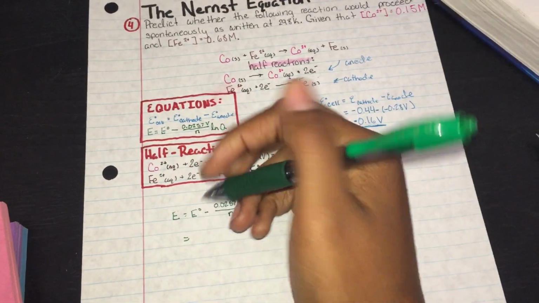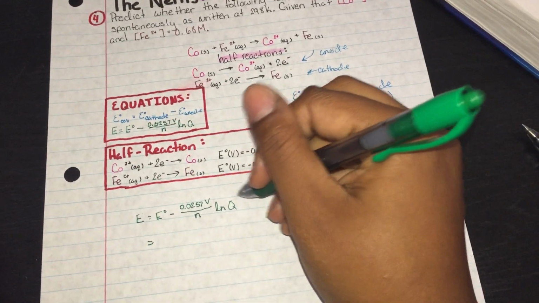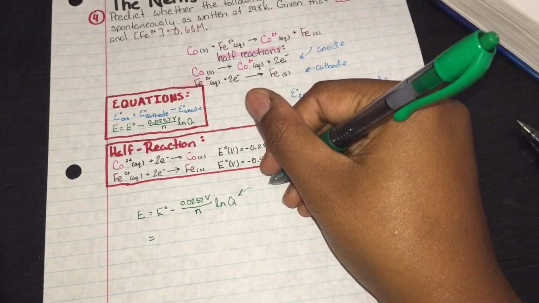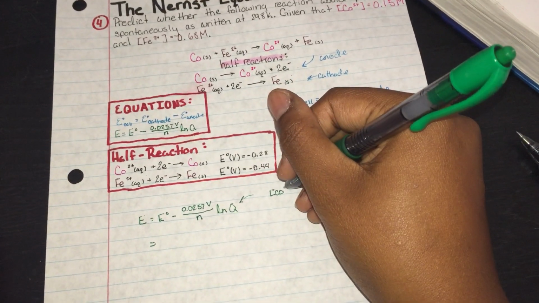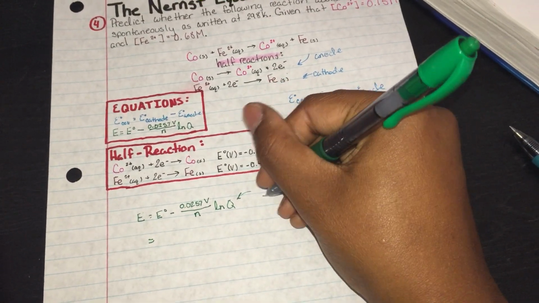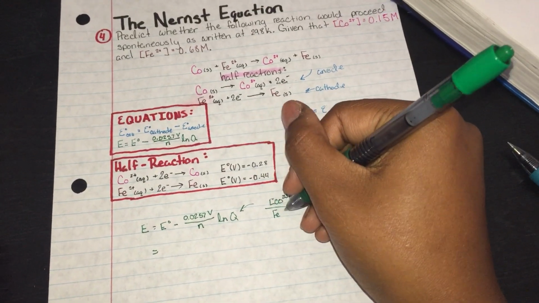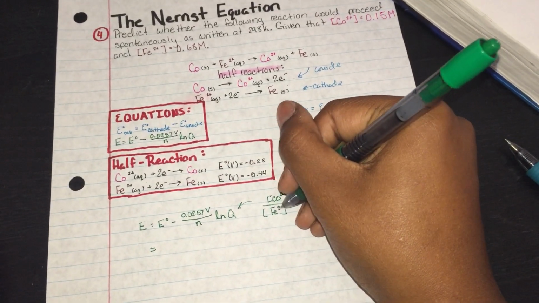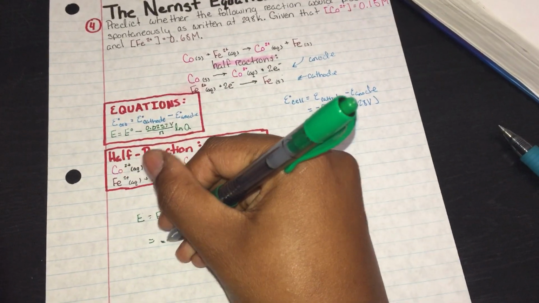And now we plug in what we have. So our Q value will just be our products over reactants, so it would be the molarity of Co2+ over the molarity of Fe2+. So when you plug everything in, it should look something like this.